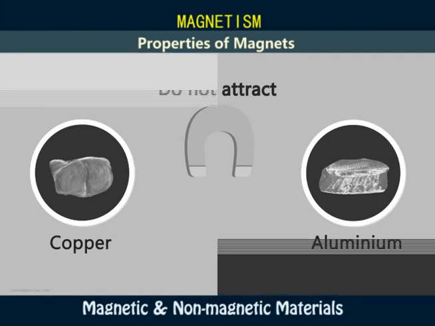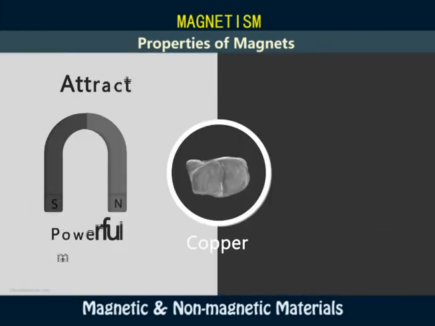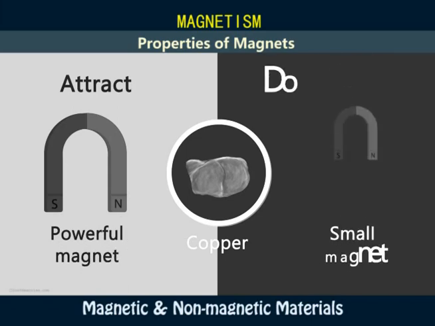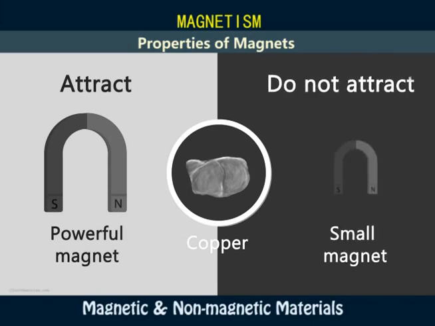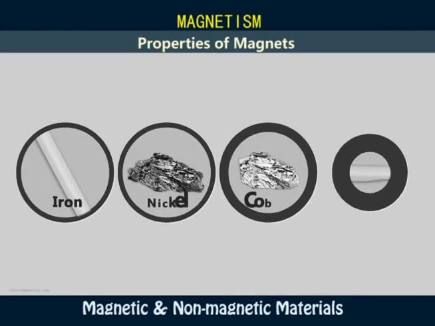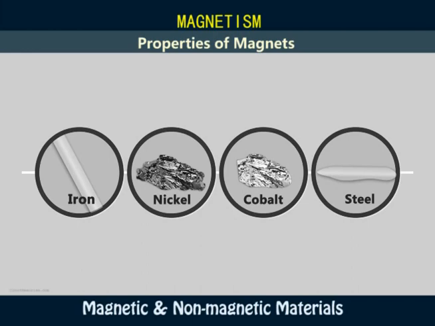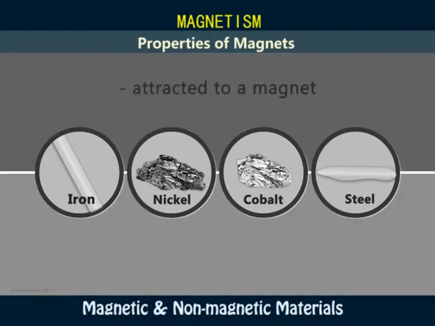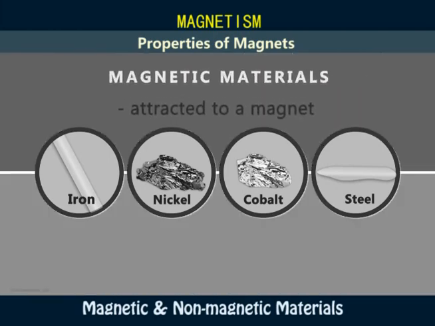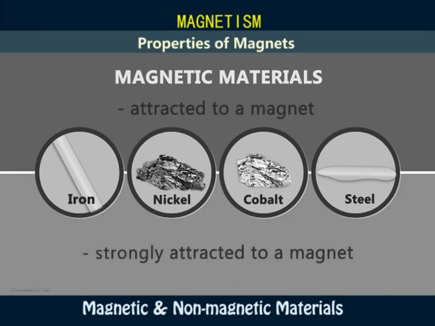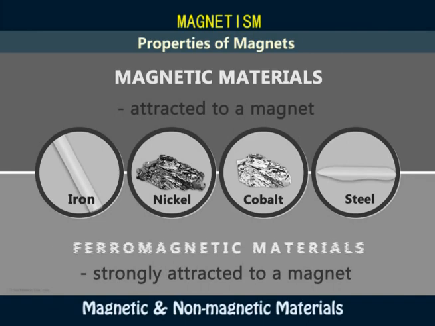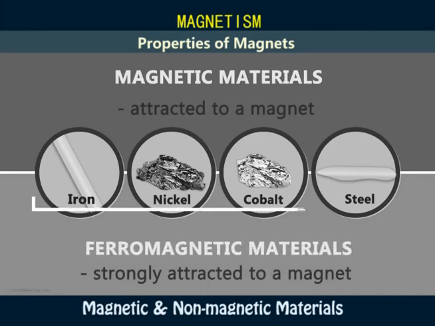However, copper is attracted by very powerful magnets, but for common small magnets, no attraction takes place. So we can say that the only metals that get attracted to magnets are iron, nickel, cobalt, and steel. These materials are called magnetic materials. And materials that are strongly attracted to a magnet are called ferromagnetic materials. Iron, nickel, and cobalt are ferromagnetic materials.